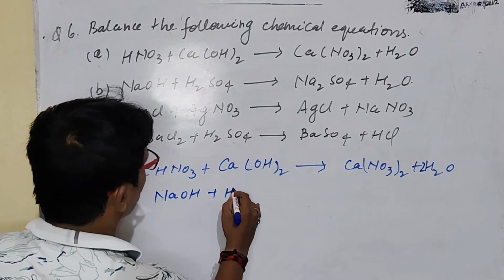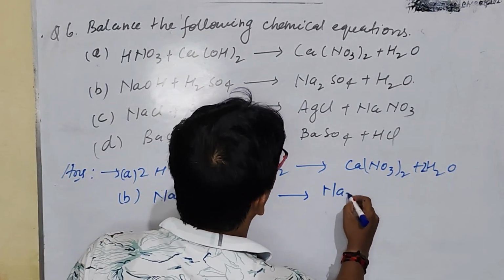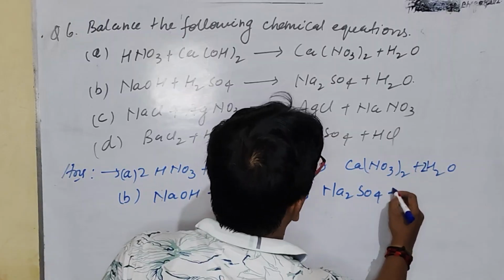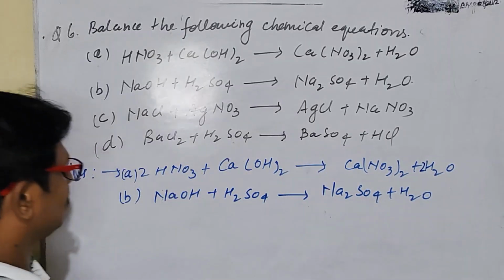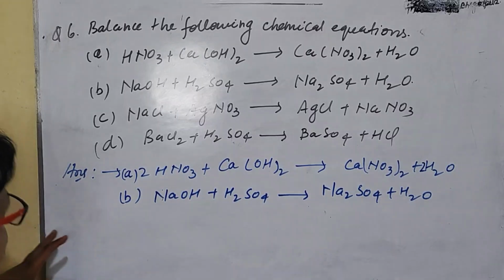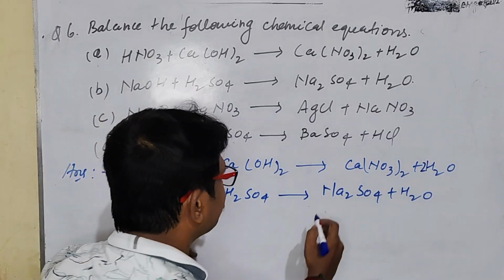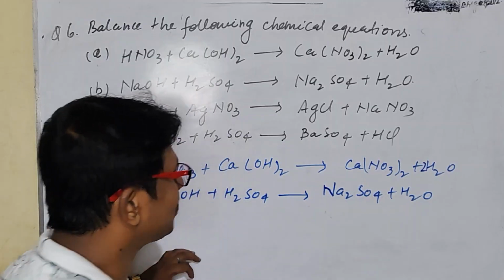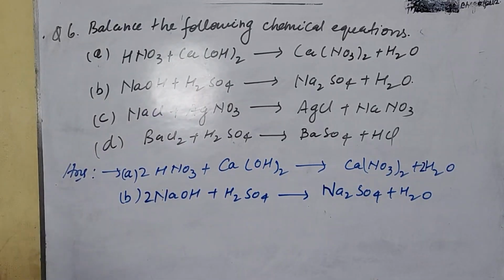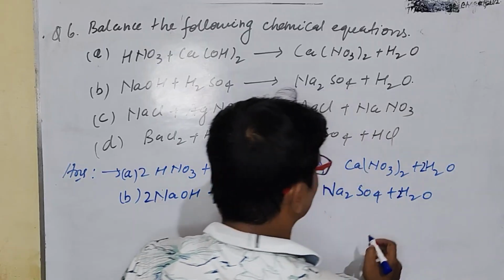Next one, B number. NaOH plus H2SO4 gives Na2SO4 plus H2O. You can balance it. Since there is Na2, there must be 2 NaOH, and then there must be 2 H2O.